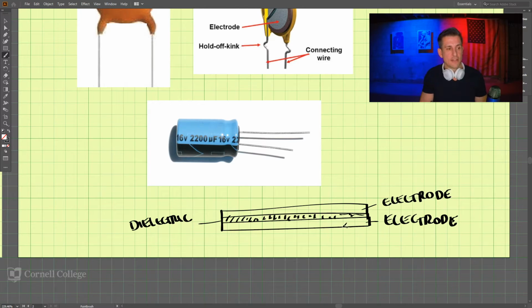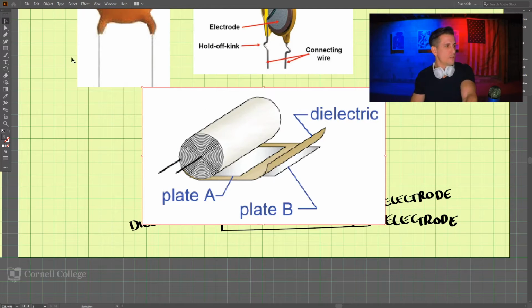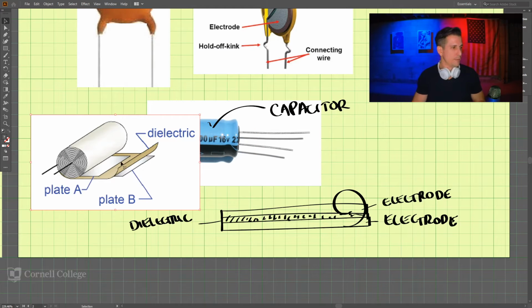And then what happens is this is rolled up. So we roll this up, and this is the capacitor. Let's see if I can find an image of this real quick. So this is what happens when it is all rolled up. So then we get the capacitor here.